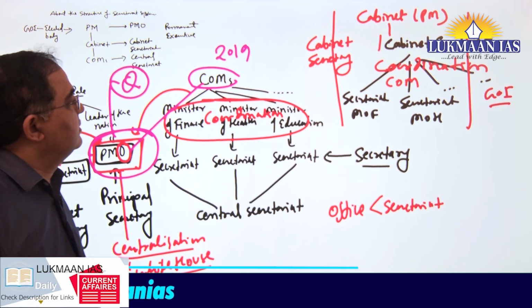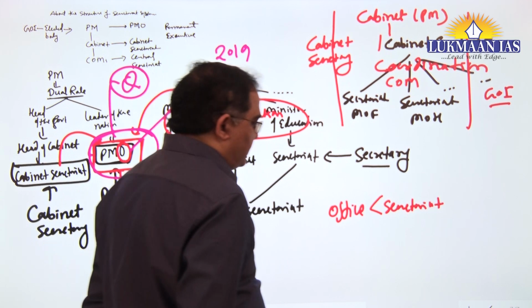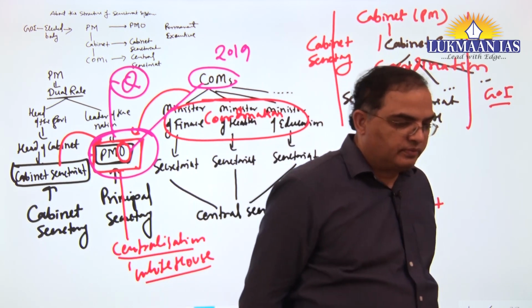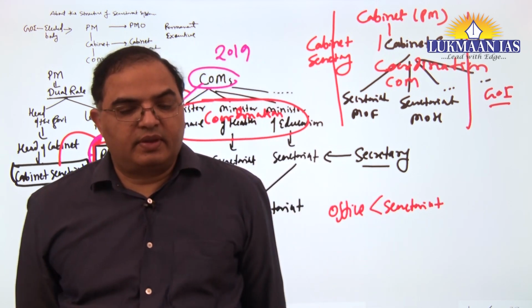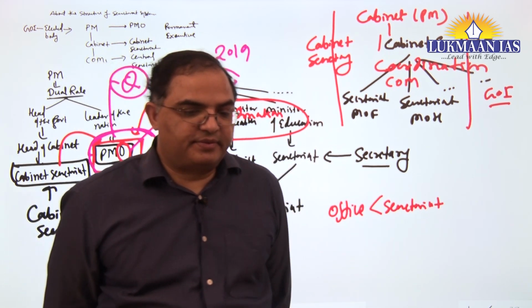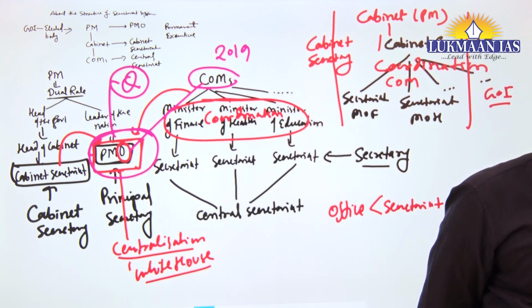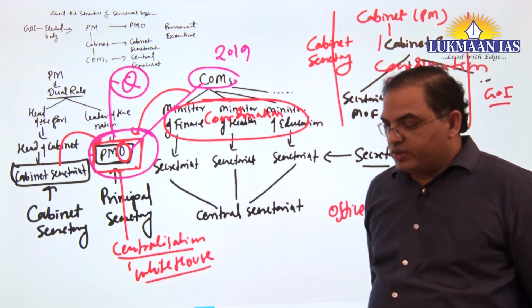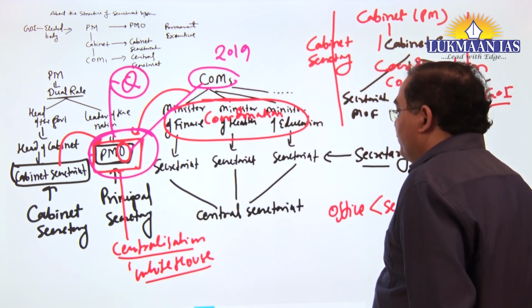In India, the secretariat system consists of three important secretariats, also known as staff bodies, staff agencies, known as Cabinet Secretariat, Central Secretariat, and Prime Minister Office.